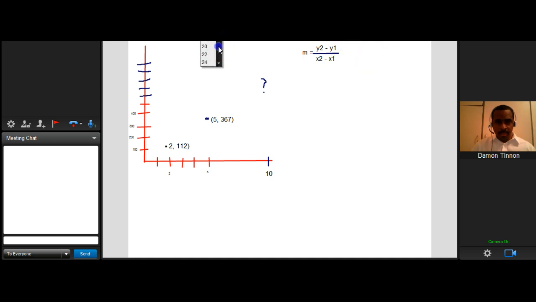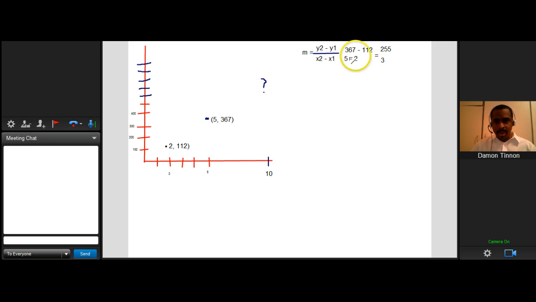So y2 is 367 minus 112, and then x2 is 5 minus 2. And then we're going to get our equal sign. And so we're going to see that 367 minus 112 is 255, and then 5 minus 2 is 3.